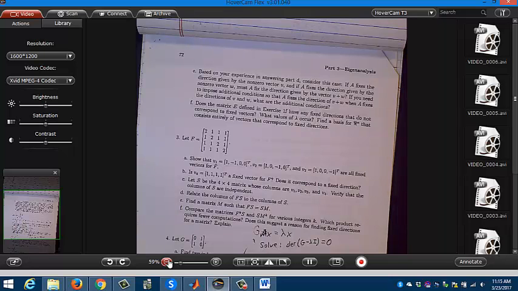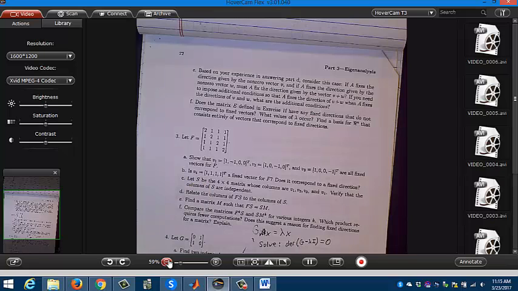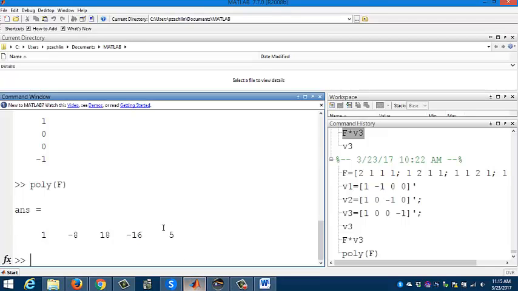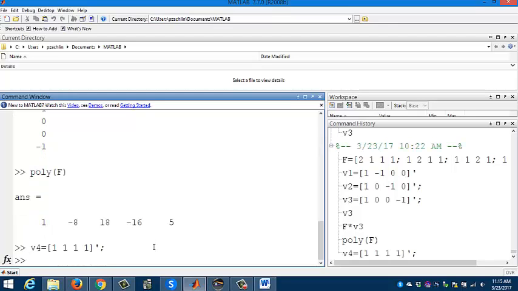Because this V4 here, 1, 1, 1, 1, let me throw that in MATLAB also. So V4 is equal to 1, 1, 1, 1, and then if I transpose it, I won't have to write the column with all the semicolons. So that's the fast way to do it, right?